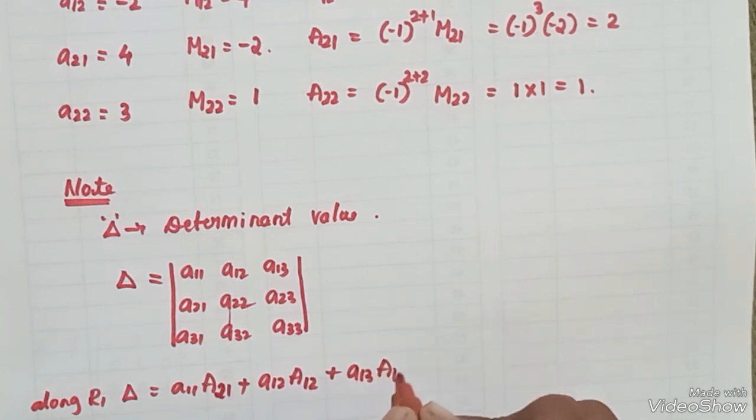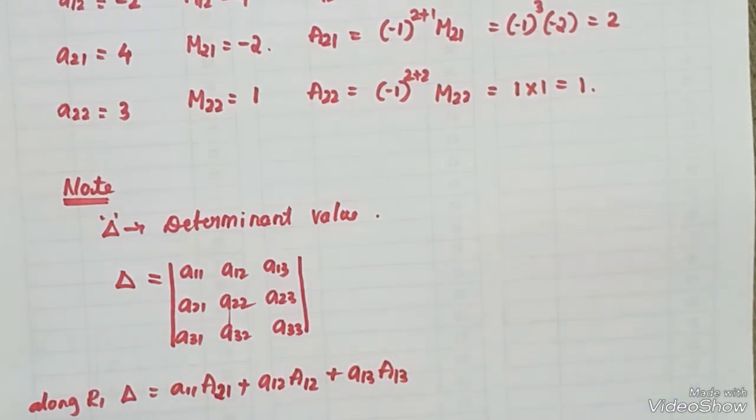The sum of the elements with their corresponding cofactors along row 1 is the determinant value. Similarly for the other rows and columns, the sum of the elements with their cofactors equals delta. It can be taken in 6 ways.